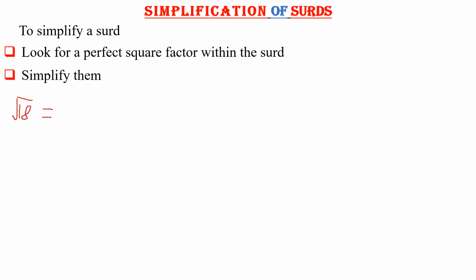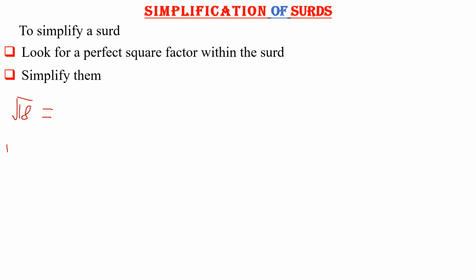Is that okay? So we want to look at numbers that when we multiply, we will be able to get 18. Now if you pick 1 and multiply with 18, we'll get 18. 2 and 9 will give us 18. 3 and 6.